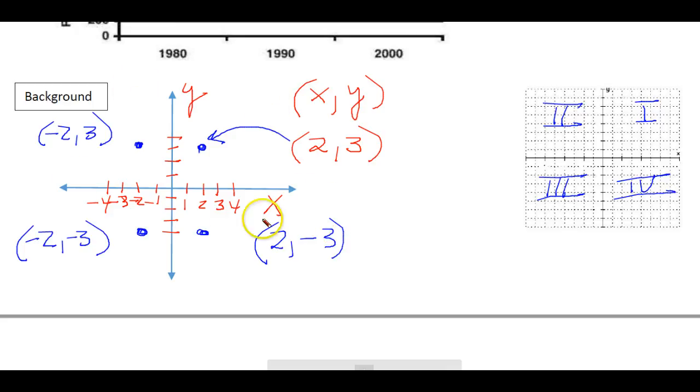So there is a little pattern, and we study that a little bit. So this is the background. We're ready for our next exercise. One thing we should mention, though, is this point right there in the center, where both values are 0, this is referred to as the origin of the rectangular coordinate plane.